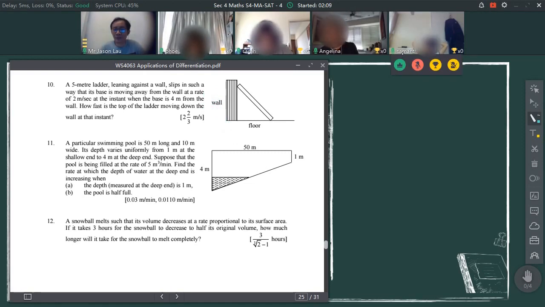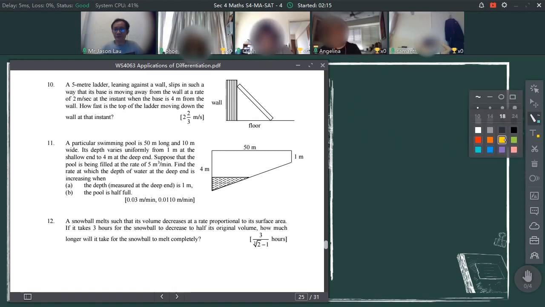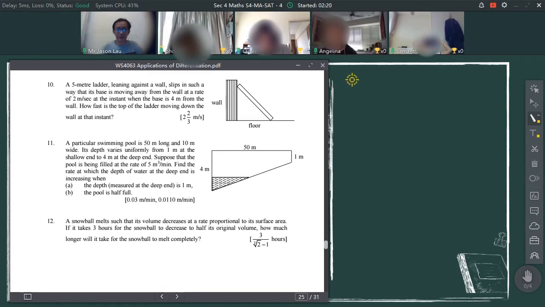Okay, this question. To do this question, you need to first get the chain rule, because this is your rate of change problem.